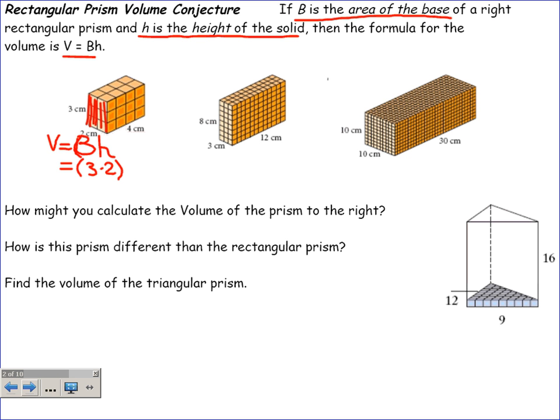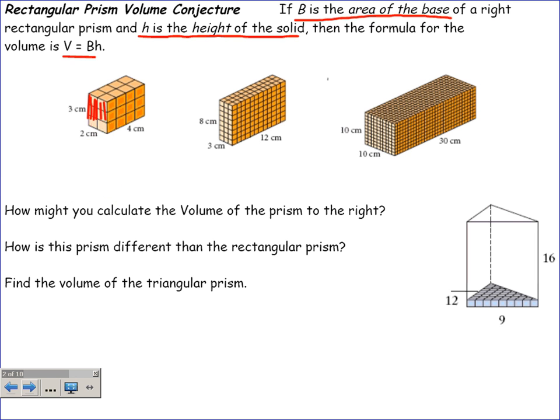And what's the height? It's the distance between the front and the back. 4. All we do is say 3 times 2, which is 6, times 4 is 24. What would our units be? Centimeters. Square centimeters. All right, let's try this one more time.